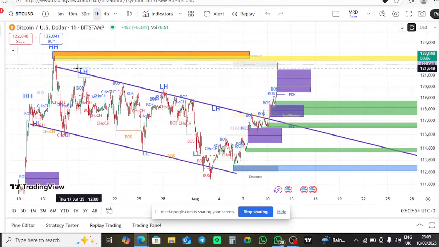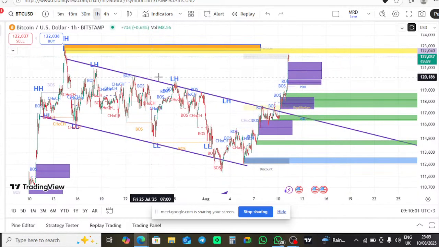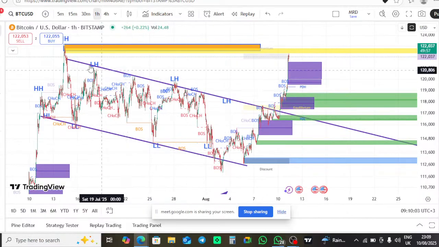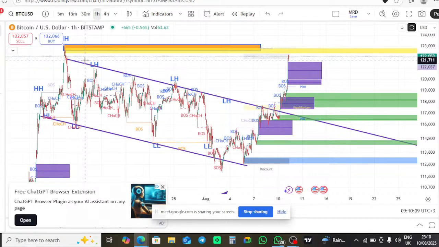Okay, so we did this analysis together using the parallel channel. What you are seeing on the chart, these lines that you are seeing here, we call them trend lines.